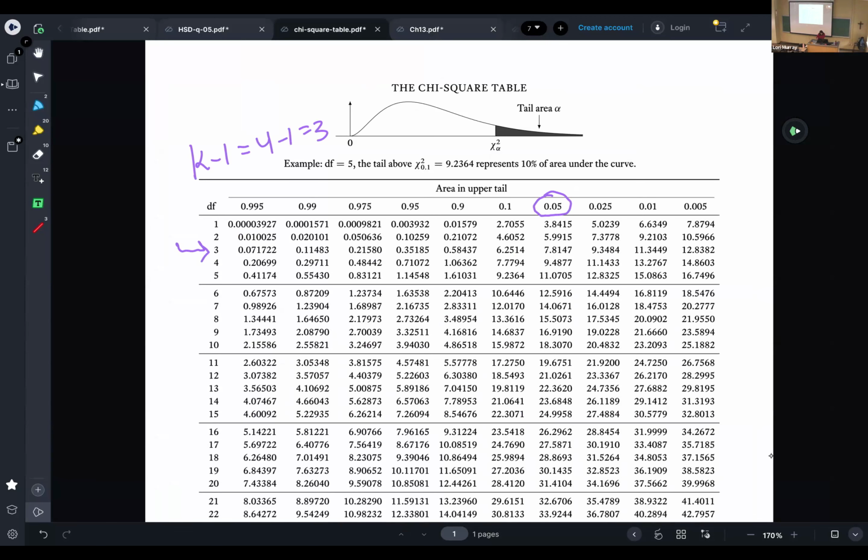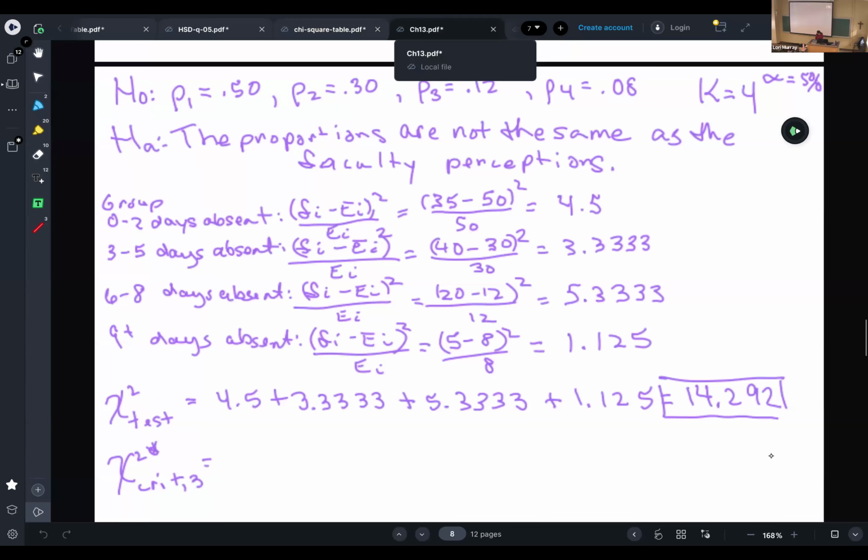And we're going to get 7.8147. That's how we do it. Look at the alpha 0.05 column and just get the critical value, the chi-square. We go over here and we get that critical value, 7.8147.